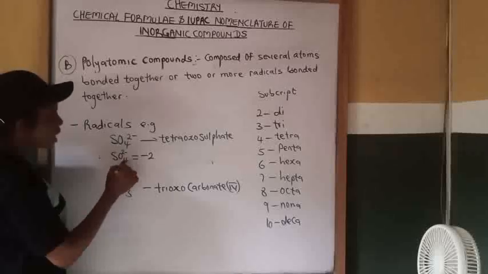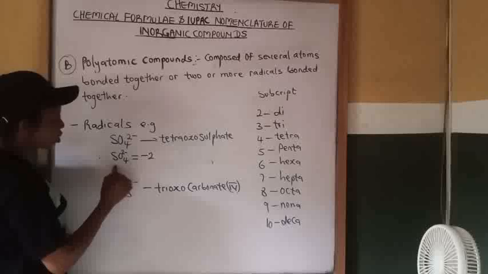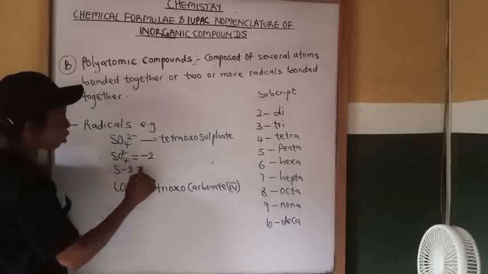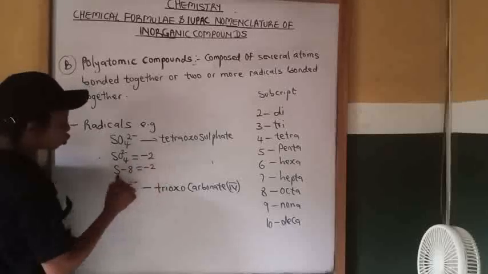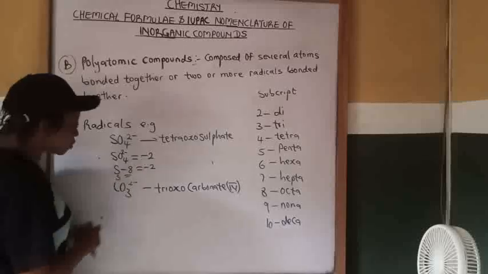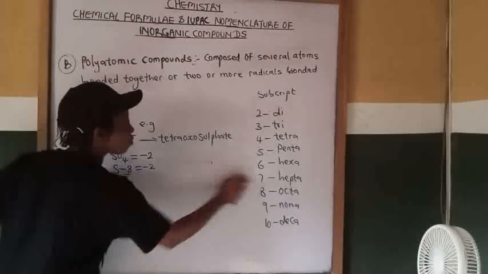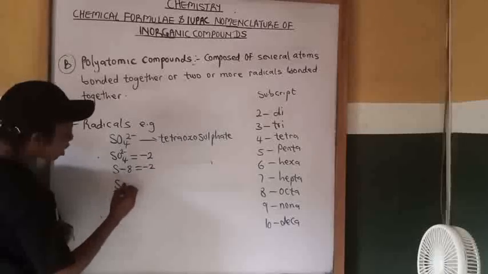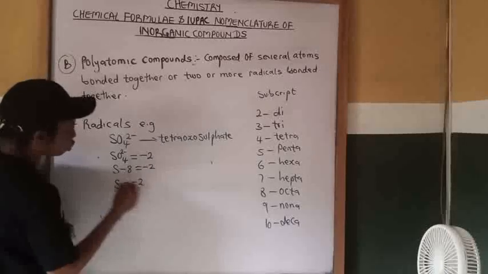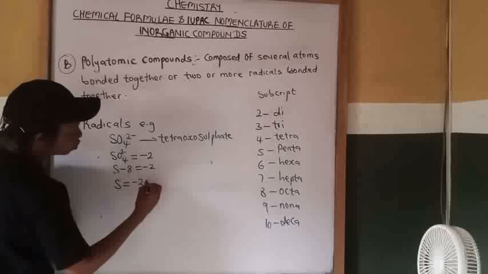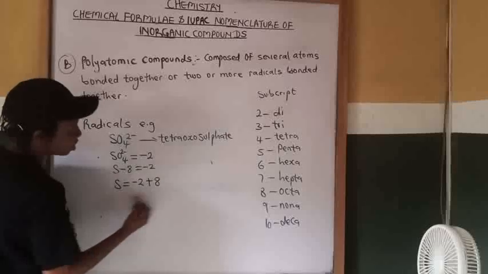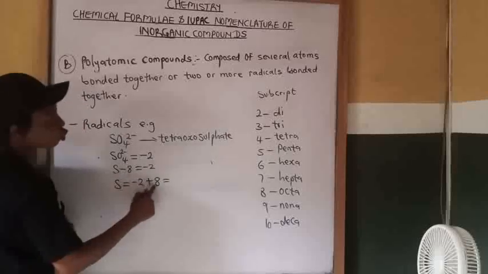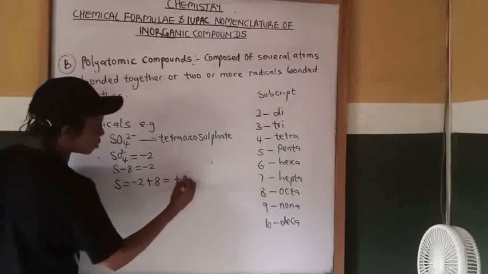So minus 2 times 4 will give us minus 8. So S minus 8 equal to minus 2. So S will then be equal to minus 2. Bring minus 8 to this side and it gives us plus 8.